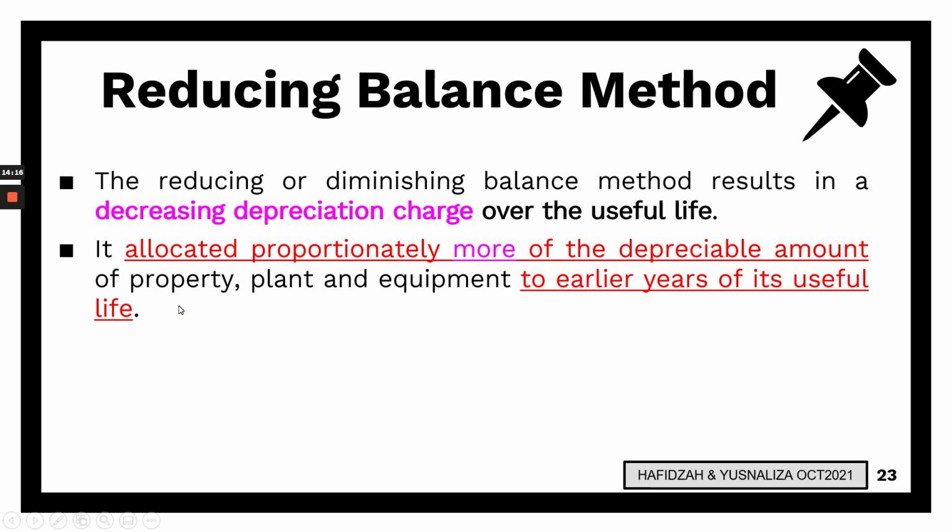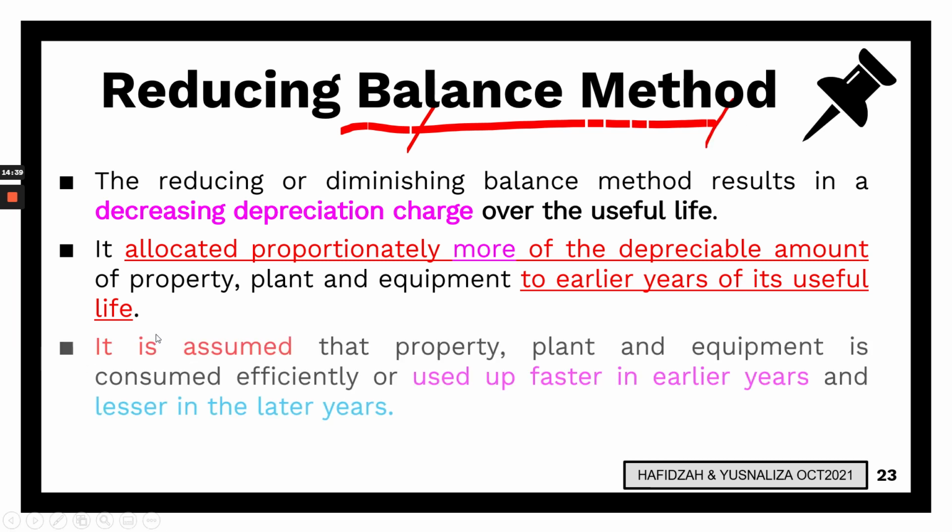Let's say you provide 30,000 in the earlier years, the following years will be a reducing amount. That's why it is called reducing balance. If you have a 10 year period, more depreciation is charged at the start and towards the end it will be less.